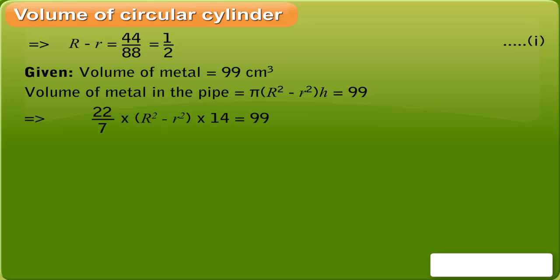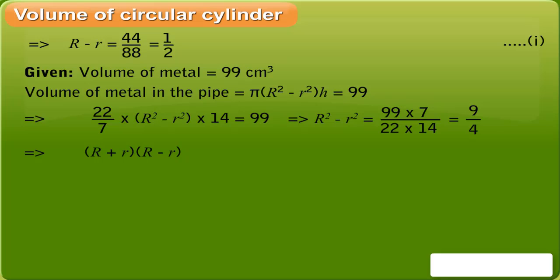This implies putting 22 by 7 for pi, into capital R square minus small r square into 14, h is 14, is equal to 99. This implies capital R square minus small r square is equal to 99 into 7 divided by 22 into 14, which is equal to 9 by 4.